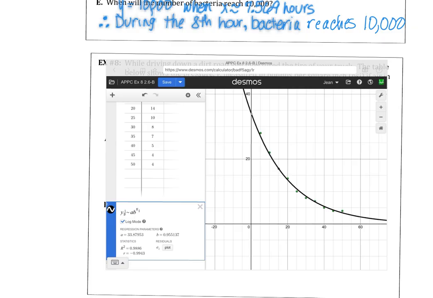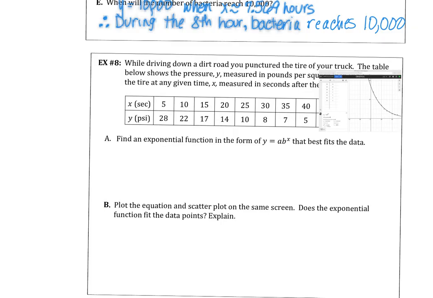So we're going to have 33.8795, and the B value is 0.955137. I'm going to record that on our notes: 33.8795 and 0.95514 to the x power.